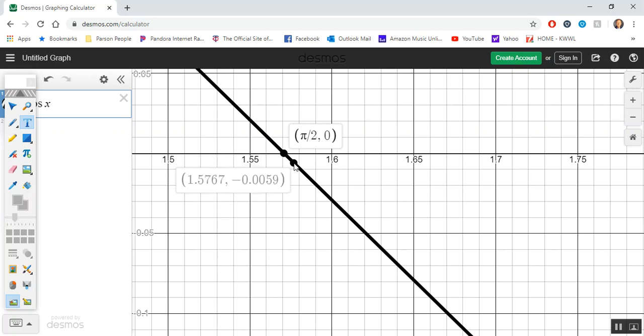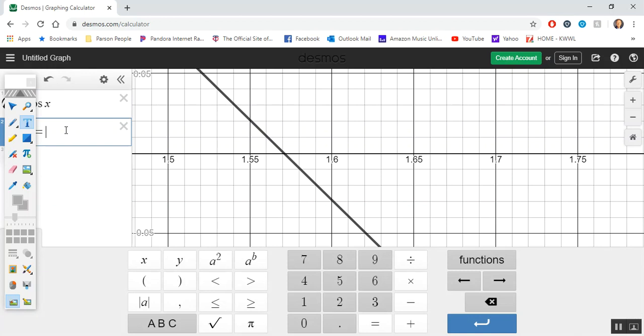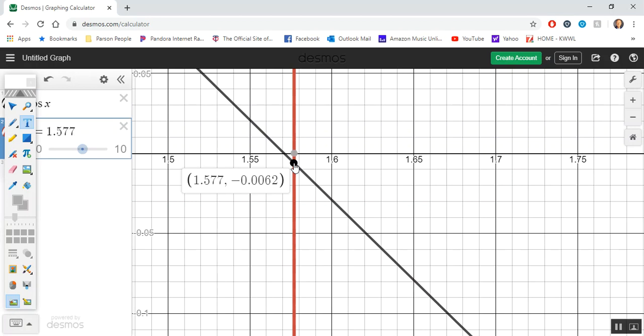How about I type in, is this okay to use with you guys, 1.576? Come on. How about 1.577? Look at my points there. Have you got them? How about I do this? Let me do this. I'll type in x equal, I had 1.577 there, and I'll get you a value right there.